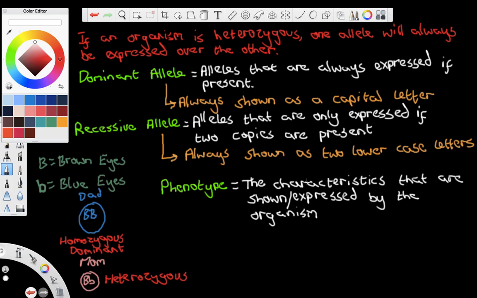So this is what you can actually see on the organism. So I'm going to put underneath here in red what can be seen on the organism.